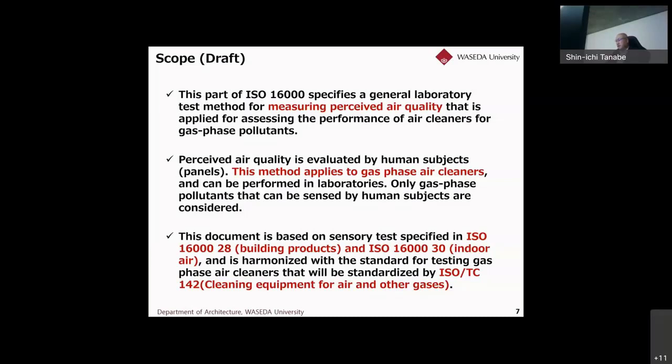So we have a sensory test method for indoor air, harmonized with the standard for testing gas phase air cleaners that will be standardized by ISO TC142. So many standardizing bodies are concerned with this study.